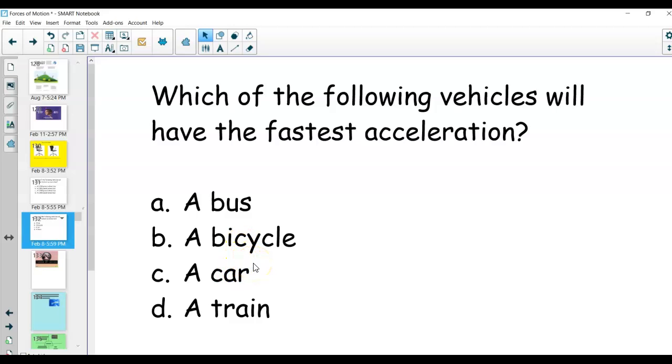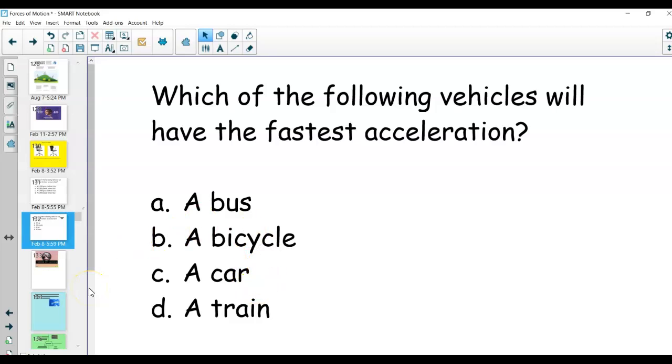Think about being in town and you may have a bicycle beside you and the car sitting there and the light turns green. Who is going to be able to move the fastest?